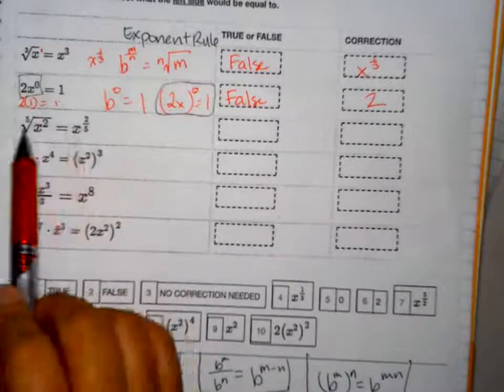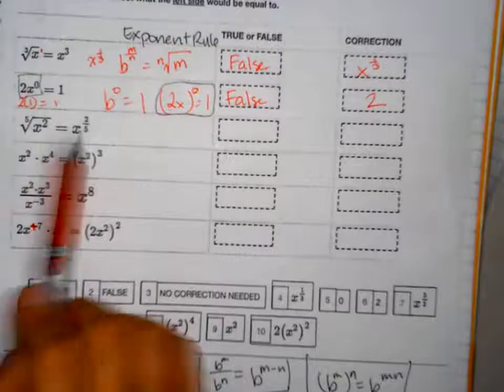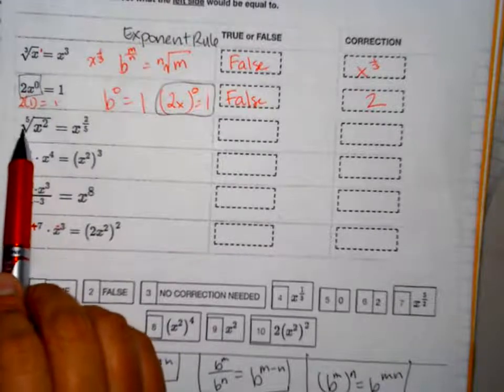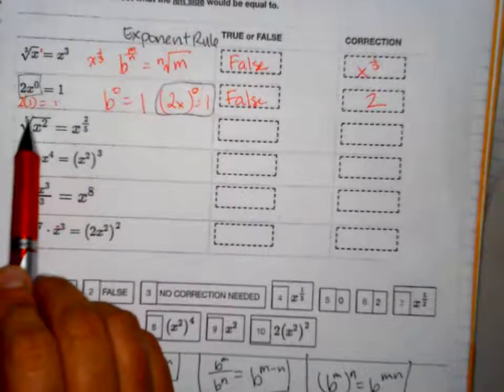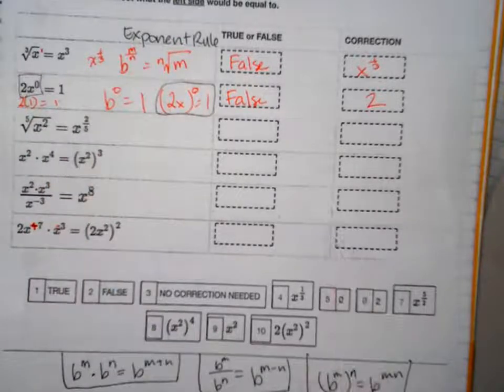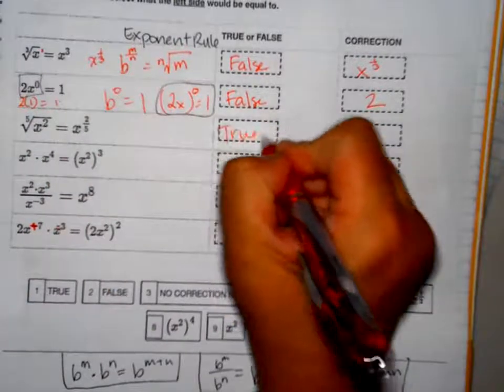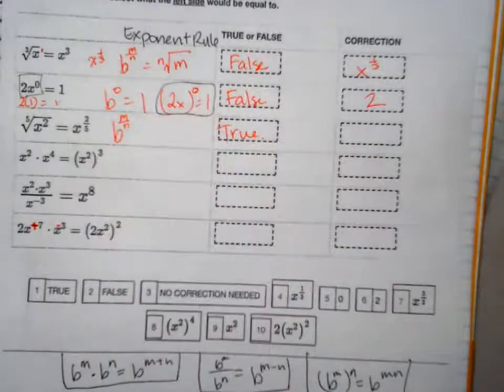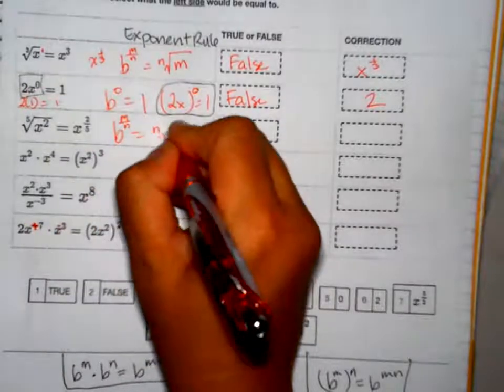So let's do that. So radical to exponents, and here we go with this one. We have the fifth root of x squared equals x to the 2/5 power. Okay, this is true. And just look at our exponent rule, b to the m over n. Okay, b to the m over n equals the nth root of b to the m.